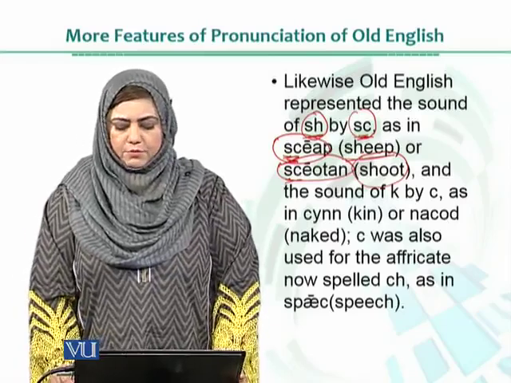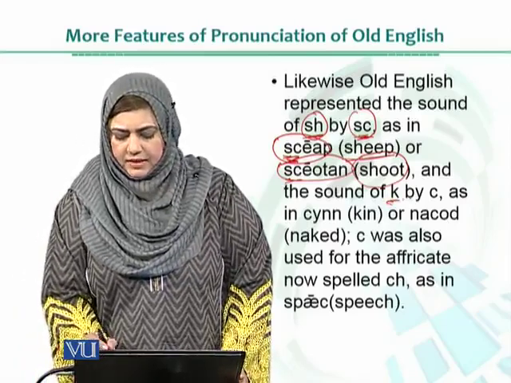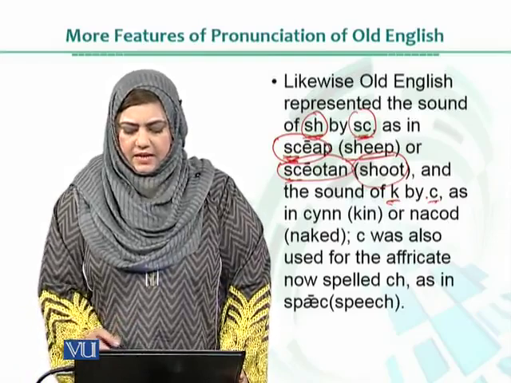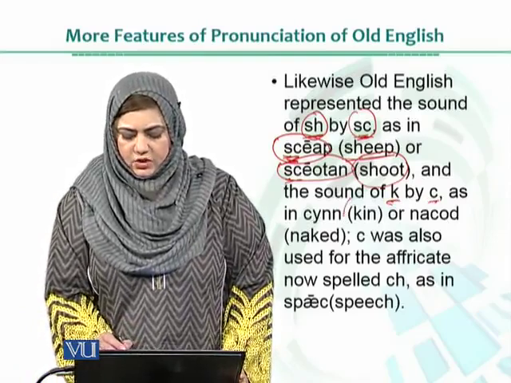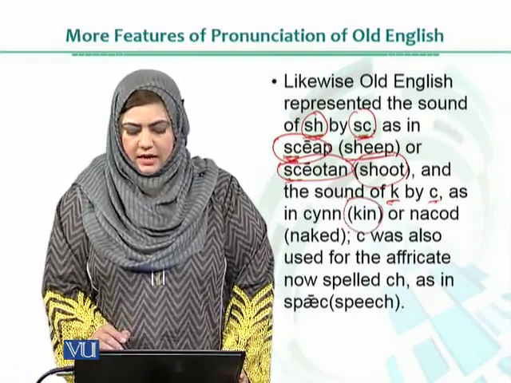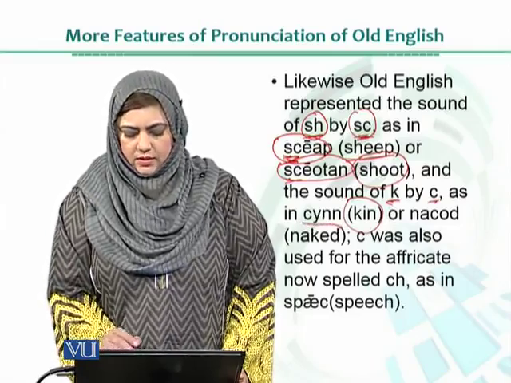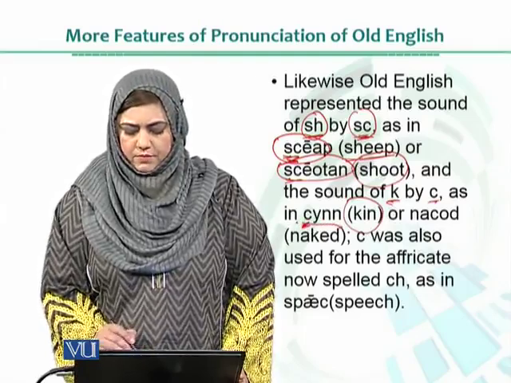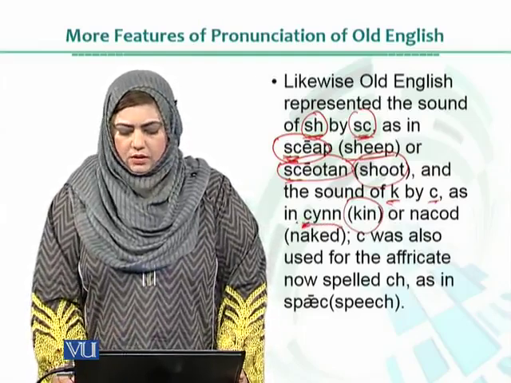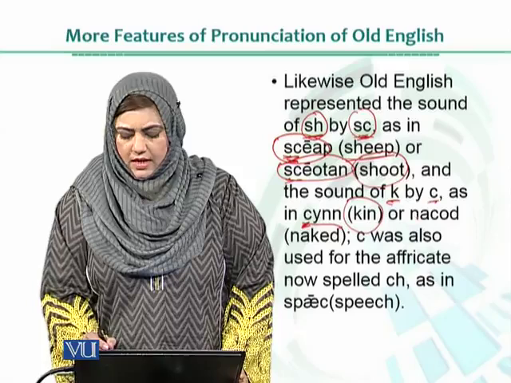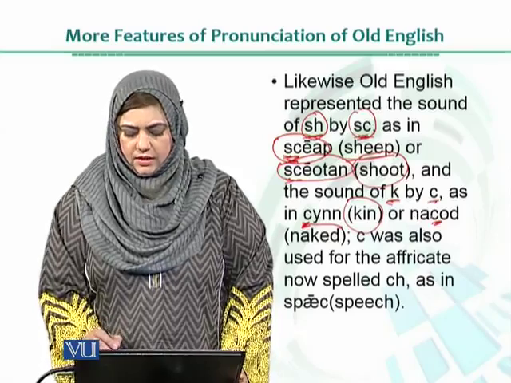And the sound of K was represented by C, as in the modern English word kin. How was it represented in letters in Old English? This way. Notice this choice of letter. Or naked, this again.